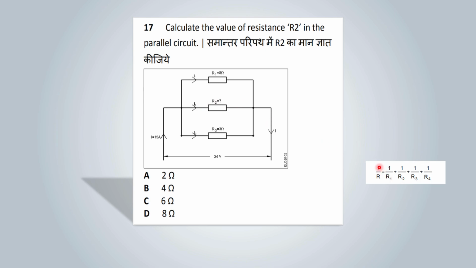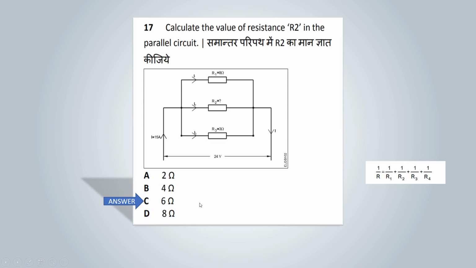To find it, I2 equals V divided by R2. This is the formula. I2 equals V divided by R2. With the help of this formula, we can solve this question. Therefore, the answer is 6 ohm.